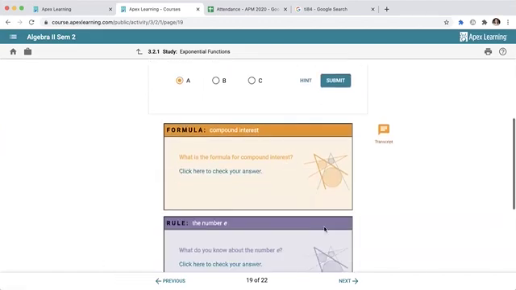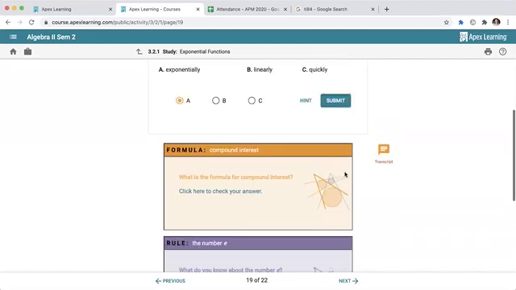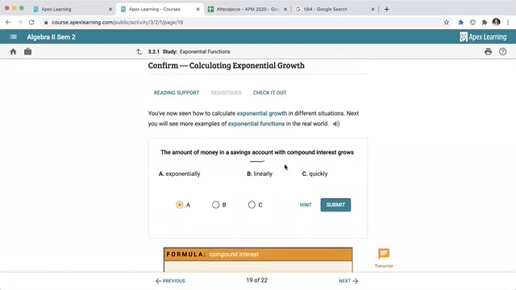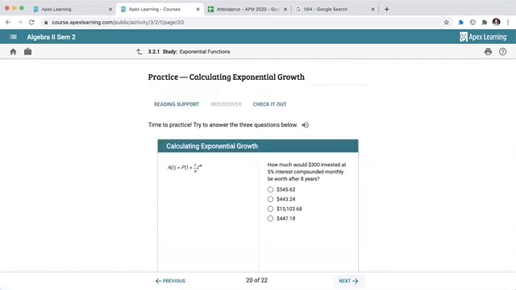And the difference between compound interest growing at set intervals, like monthly or yearly, or growing continuously, gives you the two different equations we need to use.